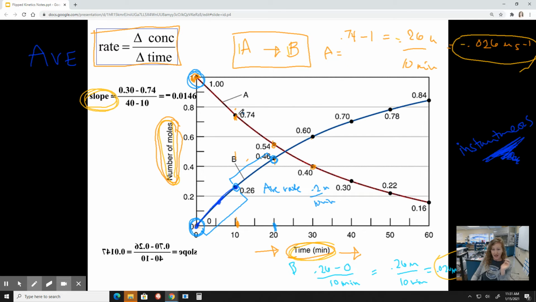Well, if collisions of A with A make the reaction go forward, at this next point, we have fewer molecules. We only have 0.74. And then we have fewer and fewer and fewer. And by the time we get down here, we only have 0.16 moles of A left. And they're not going to hit each other as often. There's less of them there.